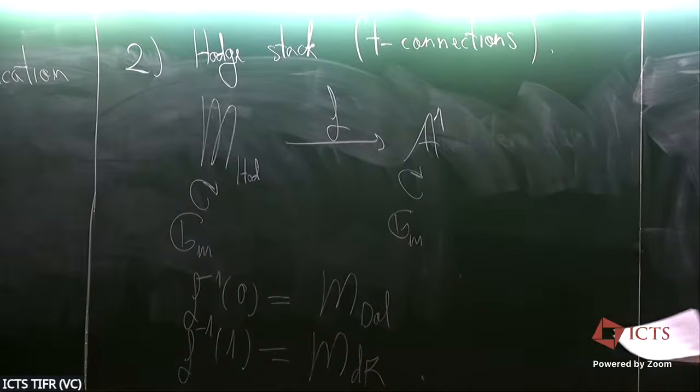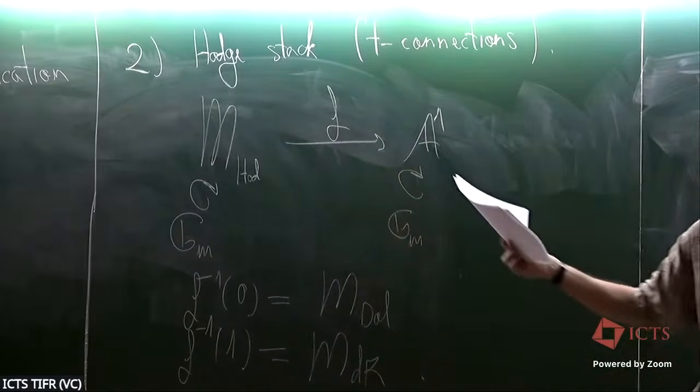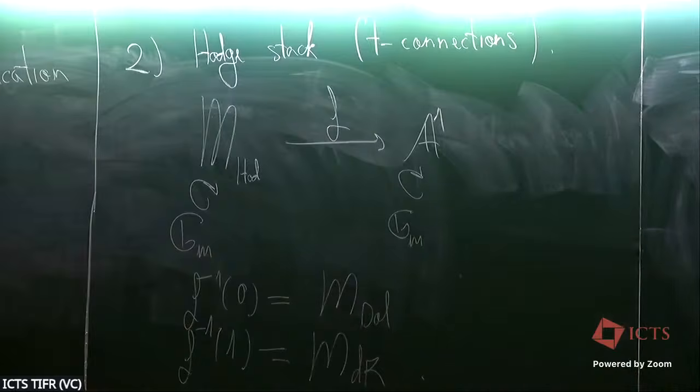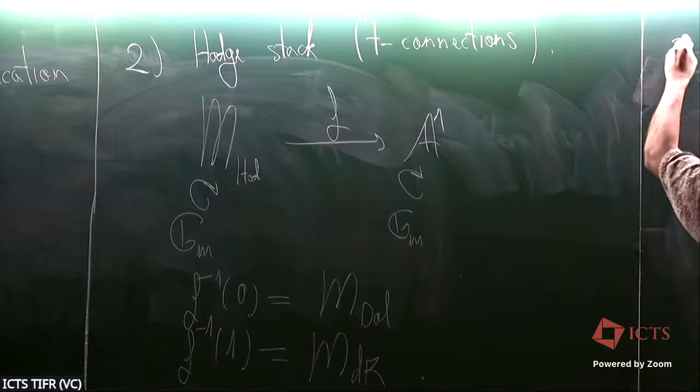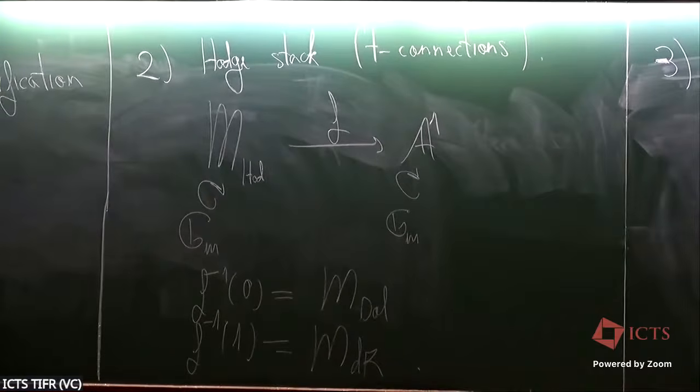And if we restrict this Gm action to the Dolbeault stack, we recover the Gm action that scales the Higgs field. So the usual Gm action. Okay, now, I said that the first main ingredient is local triviality, and this is a result proved by Simpson.